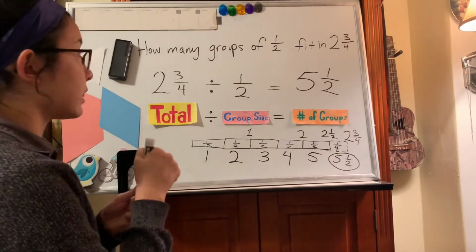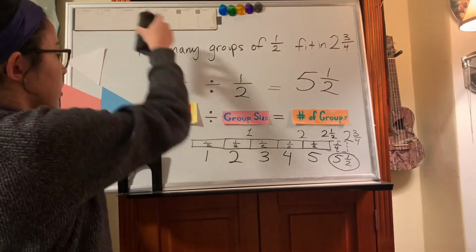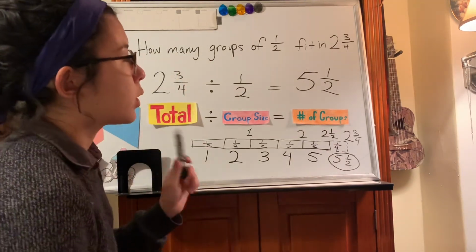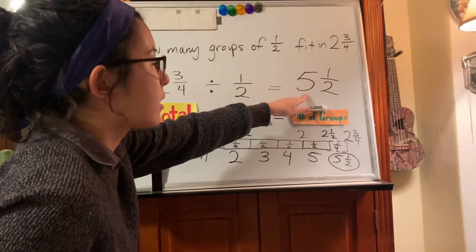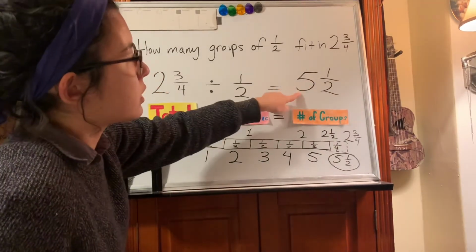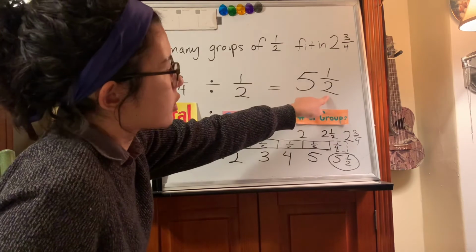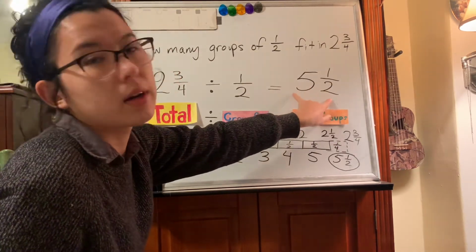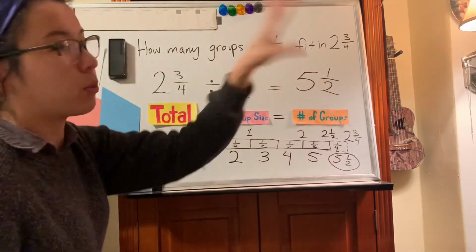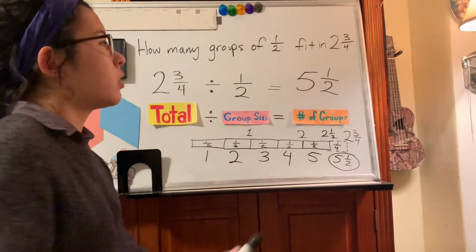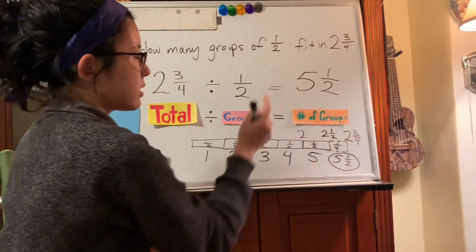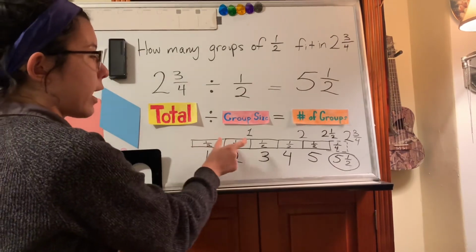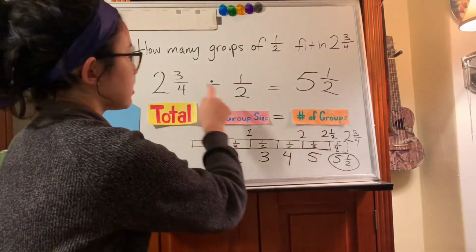Okay, last thing we're going to do, getting back to what we were talking about before with mixed number quotients. This is a mixed number quotient because we have an integer and we have a fraction, and it forms one number. This isn't just like a 5 and then a 1/2. This is 5.5. So the integer part of this quotient represents how many times 1/2 fits inside the total.